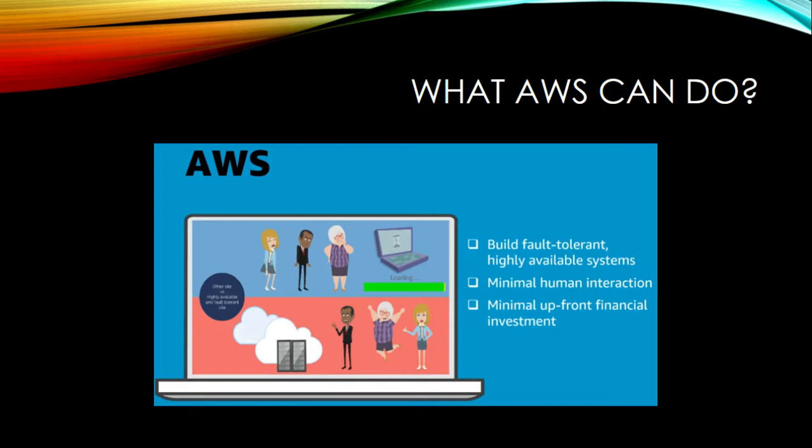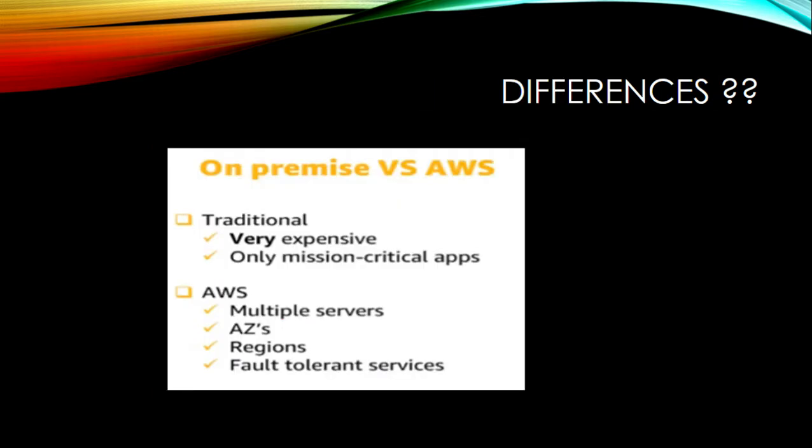Now let's compare the availability for an on-premise location and AWS. Traditionally, ensuring high availability at your local data center could be very expensive and was typically only ensured for absolutely mission critical applications.